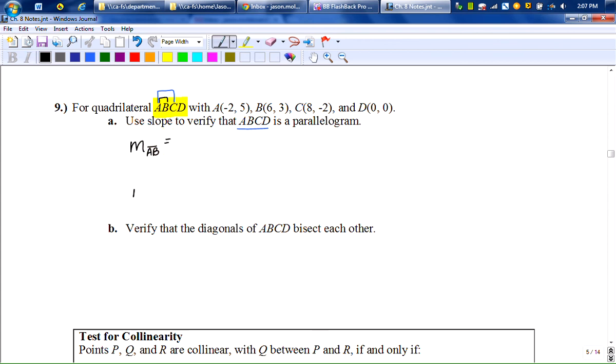I'm just going to make up this symbol. Feel free to use it, like the slope of, and then use a subscript for the side. And I want to make sure that I'm not finding the slope of a diagonal. So I'm using letters that are next to each other, like A and B, or B and C, or C and D, or D and A, which technically are next to each other, because if you sketch the picture, you kind of see what I'm talking about.